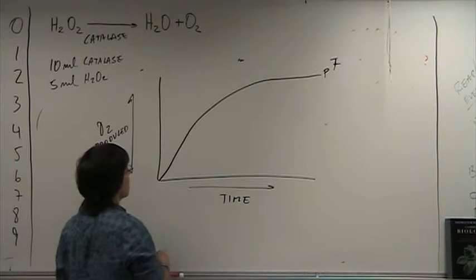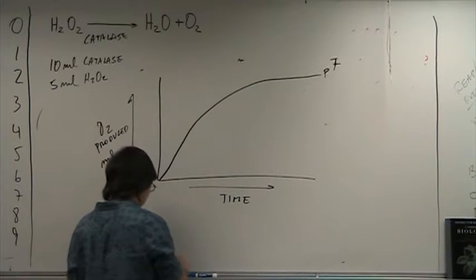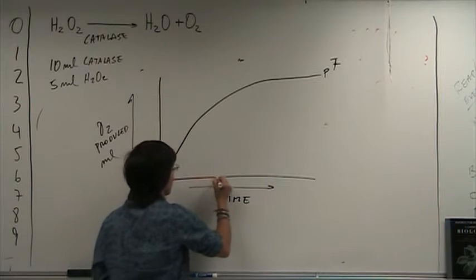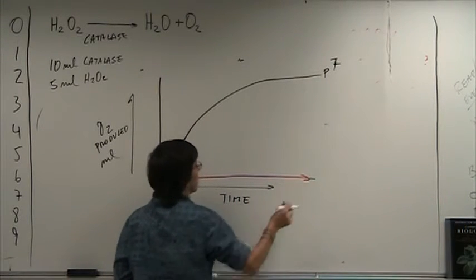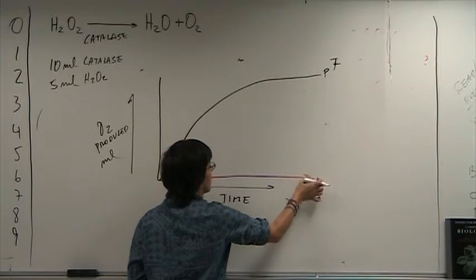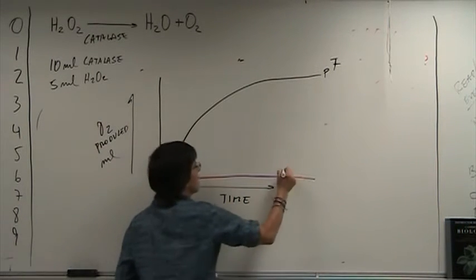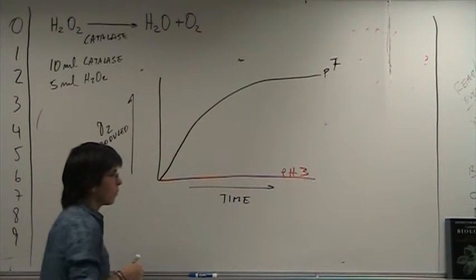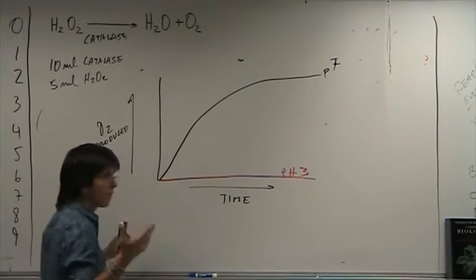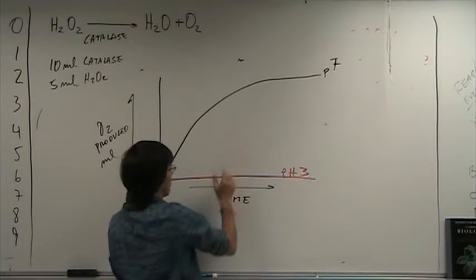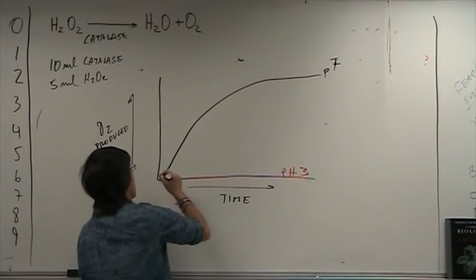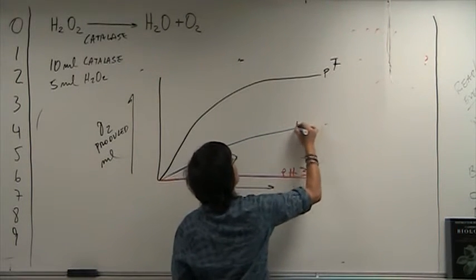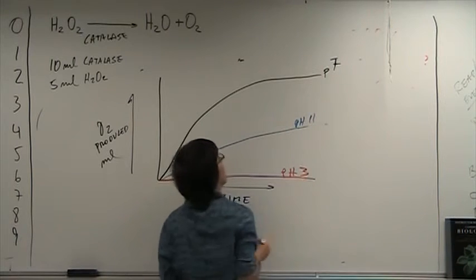What everybody found out for the most part is that pH 3, no arrow, we don't have data going there, pH 3 did not get a reaction for the most part, or it got 1 ml of oxygen in the whole time. pH 3, and then for pH 11, we got something like this, pH 11.